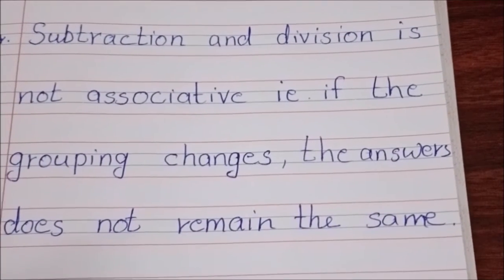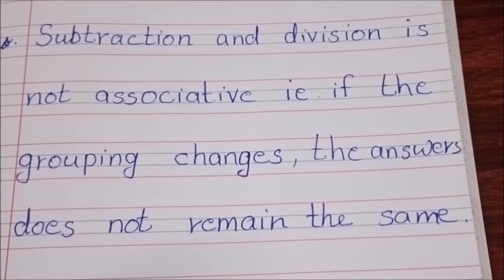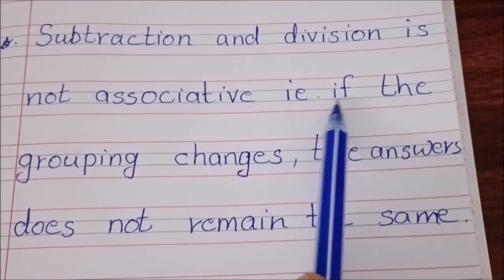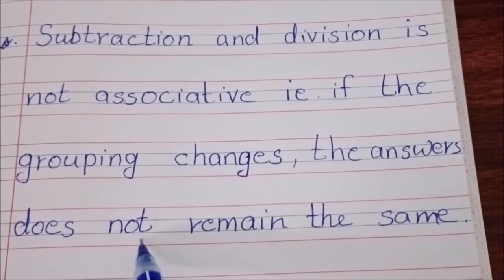Now we will check whether subtraction and division of all numbers are associative or not. They are not associative, because if the grouping changes, the answer does not remain the same.